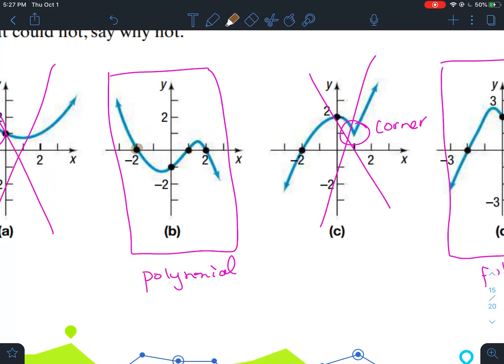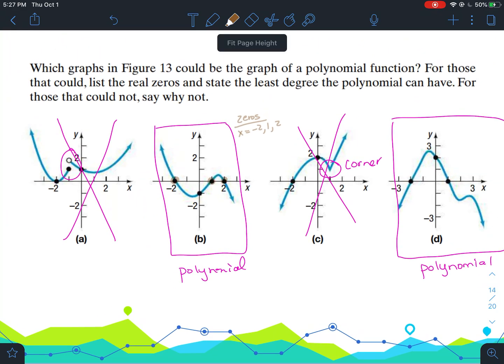So the x-intercepts. So this one would have real zeros at -2, 1, and 2. So this guy has zeros at x equals -2, 1, and 2. And then what's the smallest degree, or state the degree this polynomial could have? Well, this polynomial has 2 turning points, and so 1 more than the number of turning points.